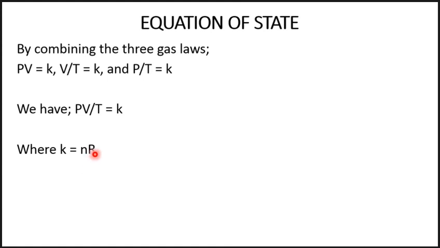So what I just need to do is to substitute this in. If I substitute for K, I will end up getting PV equals nRT. Don't forget T is actually here. So if I'm substituting, at first it will give me PV over T equals nR. If you do the rearrangement, you will have PV, then this will go to the other side, then it becomes nRT.